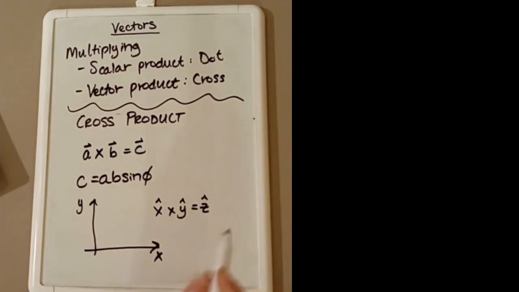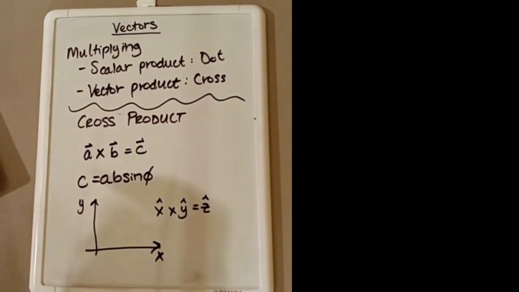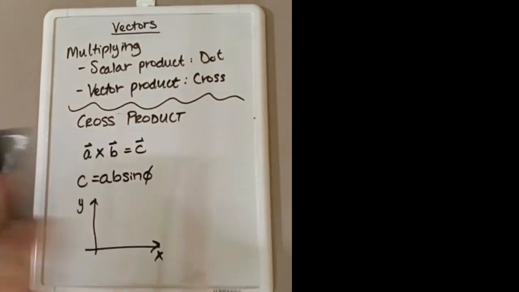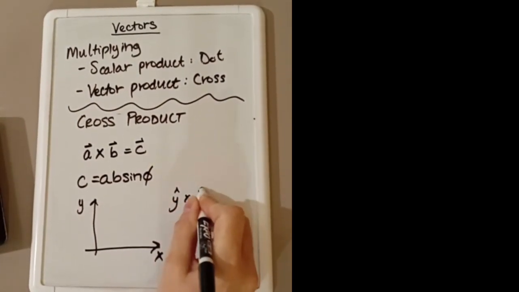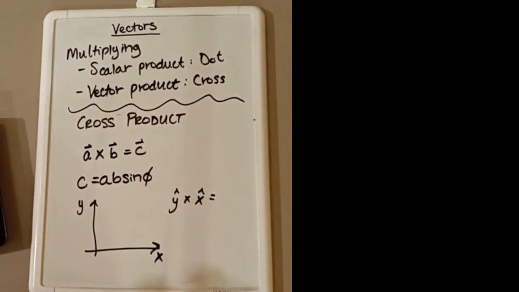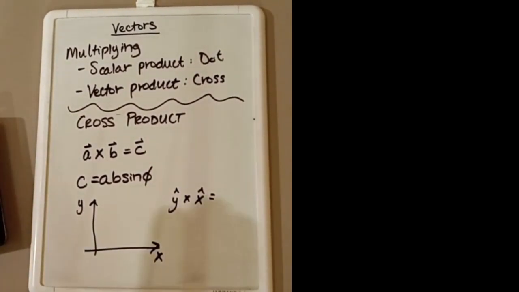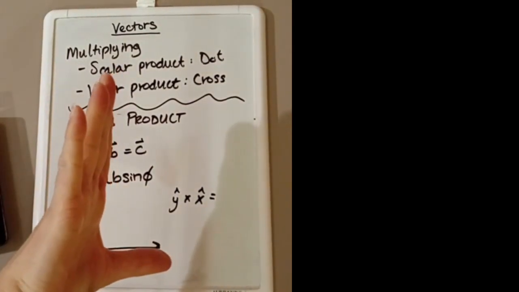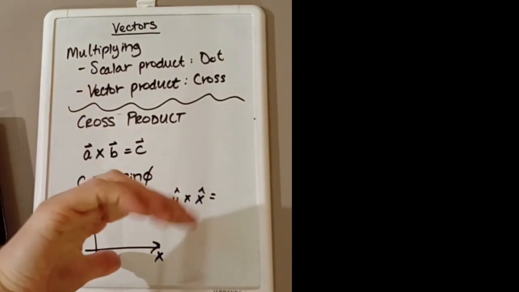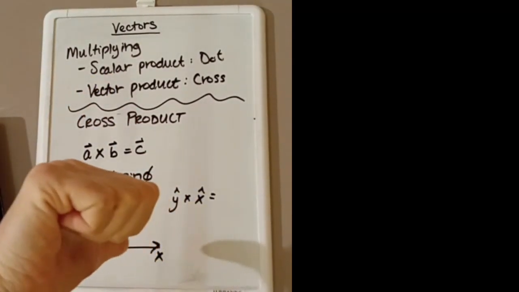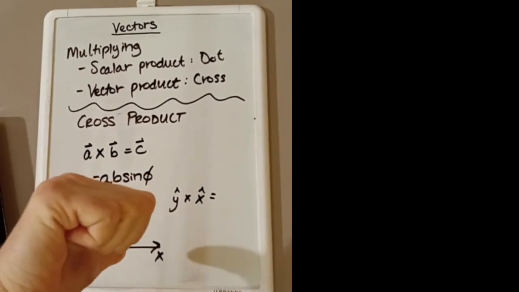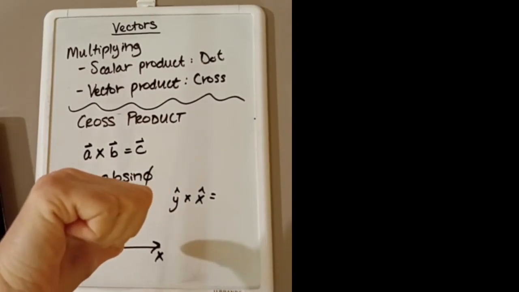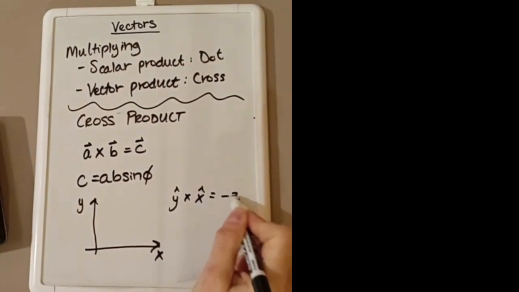In this case, what happens if you do y cross x? If you do your y hat direction cross x. Okay, now you've got to do some gymnastics here. Your fingers go in the direction of y, curl them down toward the x-axis, and now your thumb is pointing into the page. So that now means that z is going the opposite direction. So y cross x is actually minus z.